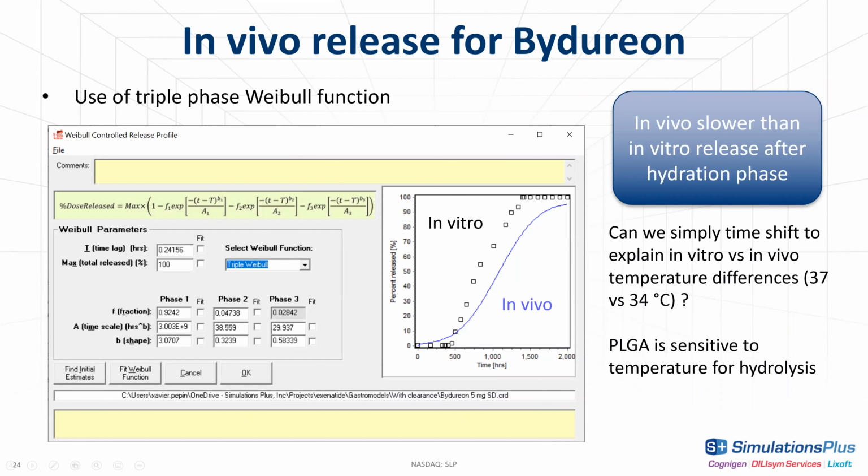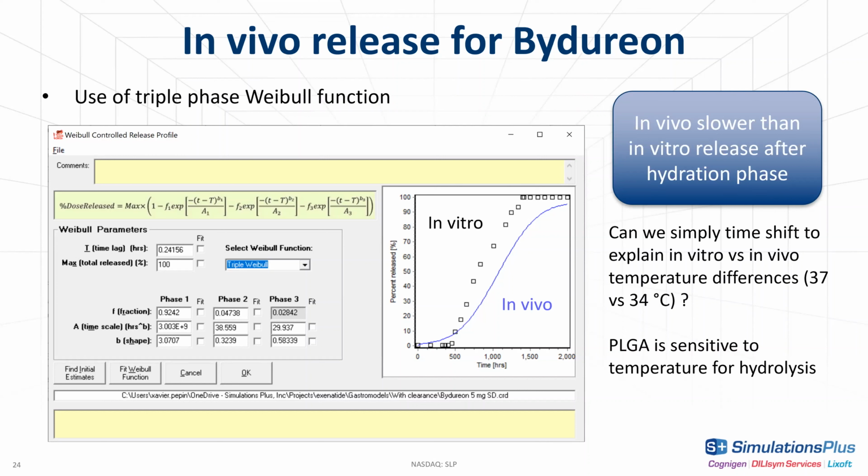So if you increase the in vitro release method temperature to 37 and in vivo it's 34, this small difference is likely to induce a faster degradation of your polymer and therefore an earlier release of the drug. So one way of checking this is just to time shift.